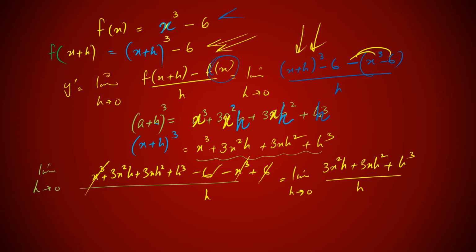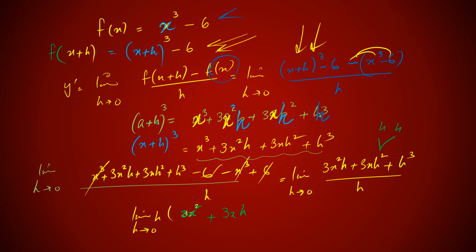We cannot cancel h until we take h as the common factor. Now what is left? We will write inside 3x square left because h is outside. Then 3xh left because one of the h is written outside.